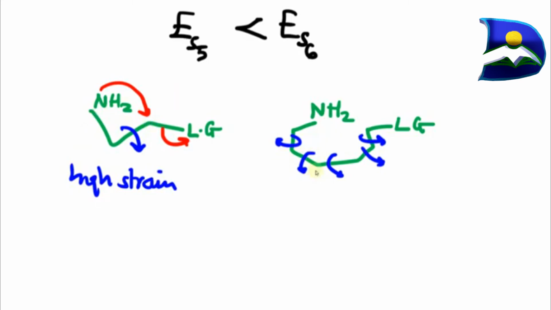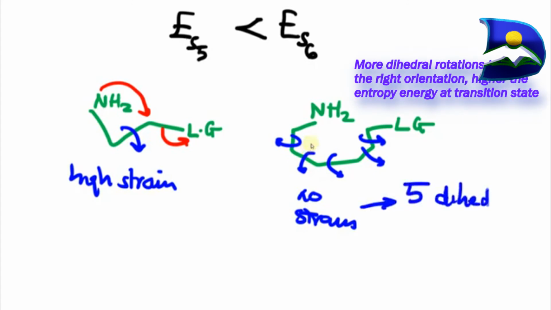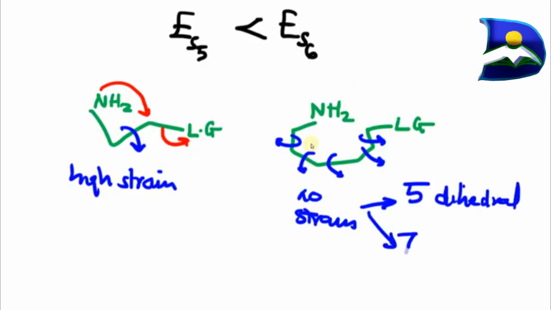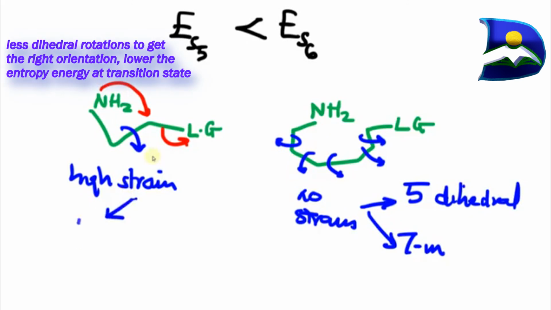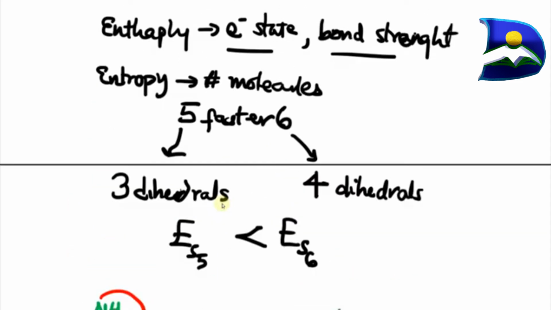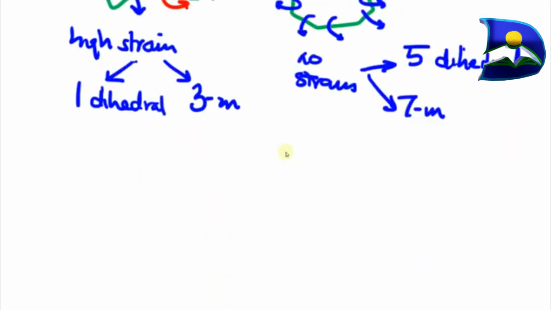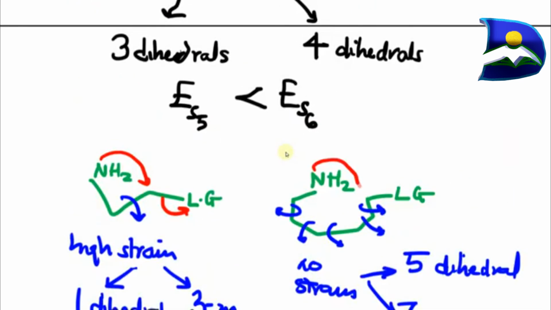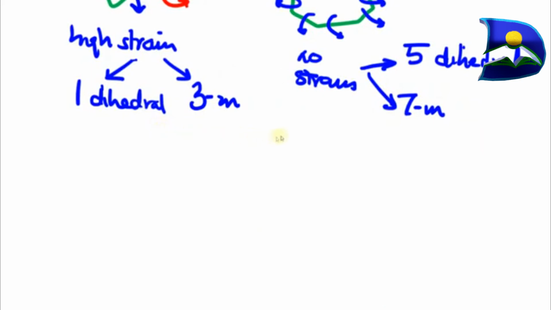This other one has no strain at all, because we have to have 5 dihedrals and we need to bring our 7 members together, while in this case we have only 1 dihedral, but we need to create a 3-membered ring. So for this reaction to be established, we have this reaction being facilitated here, but comparing our specific conditions, not only in terms of enthalpy but also entropy, this will cost way more entropy here than here.